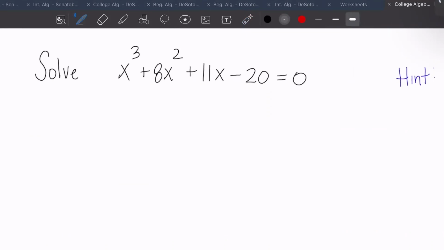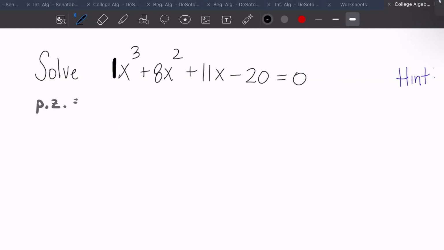So your first stop is possible zeros, right? Factors of the constant over factors of the leading coefficient. What's your leading coefficient? It's 1. So your denominator is going to be plus or minus 1, which is just whatever's in your numerator.